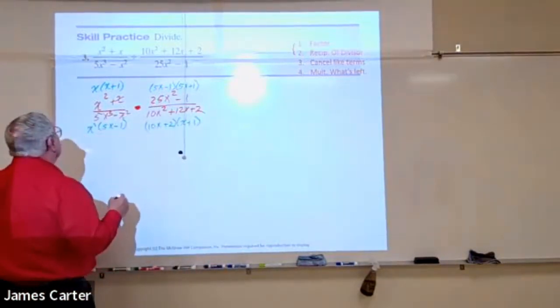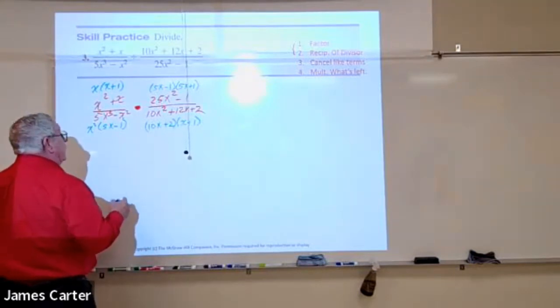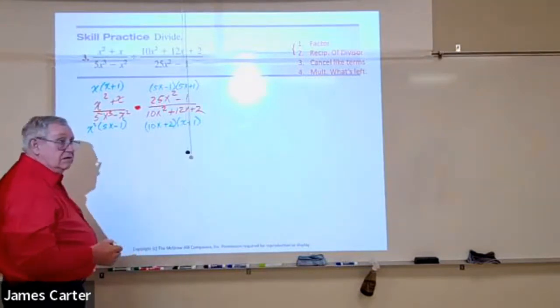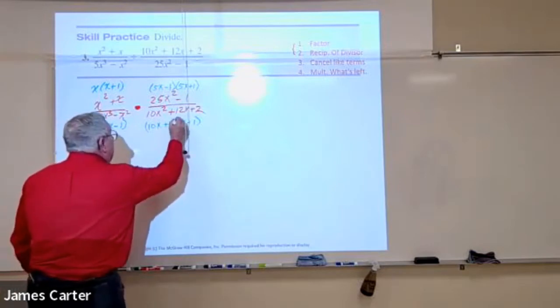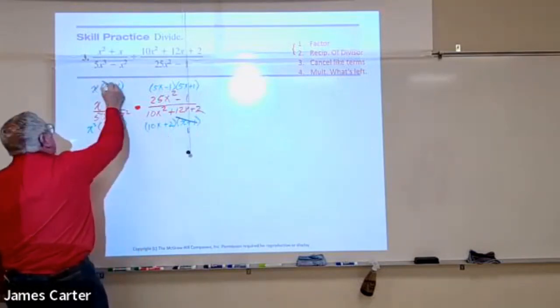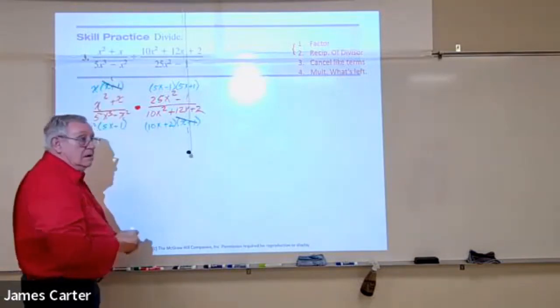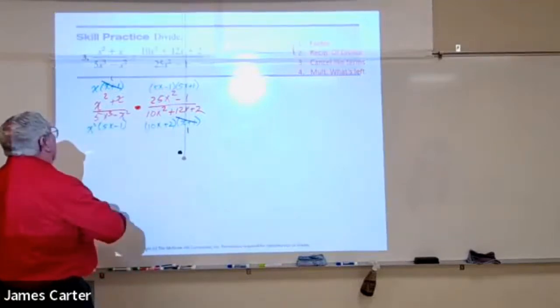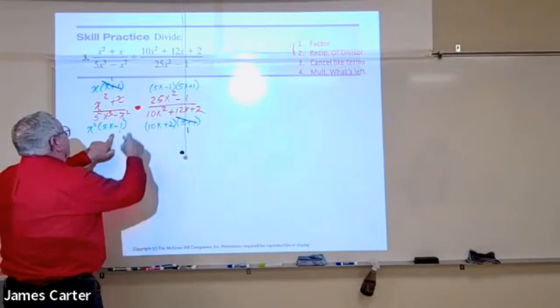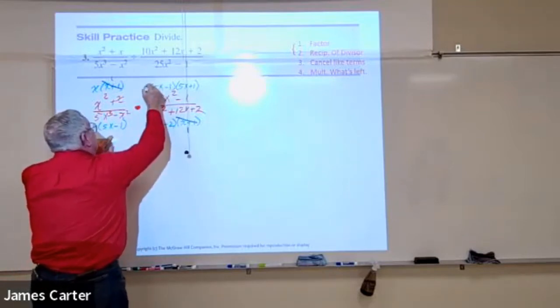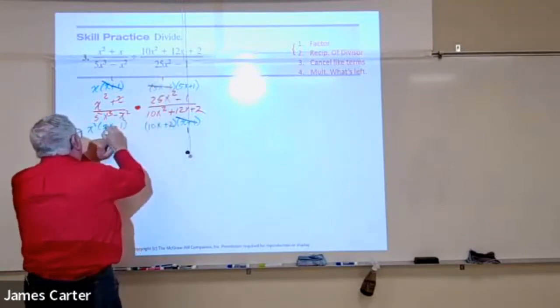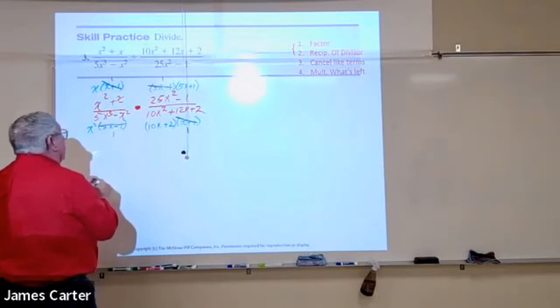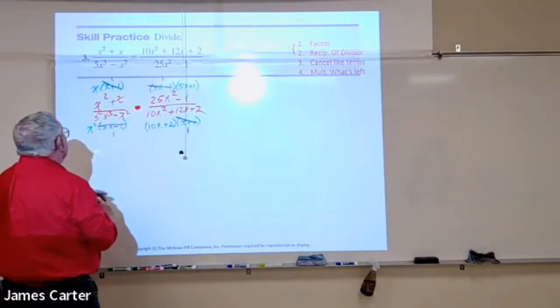Well, do I have anything that will cancel? Any top with any bottom is the rule. This one will cancel with that one. 5x minus 1, 5x minus 1. Okay.